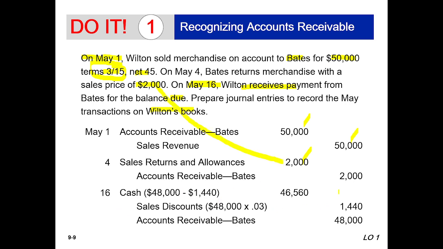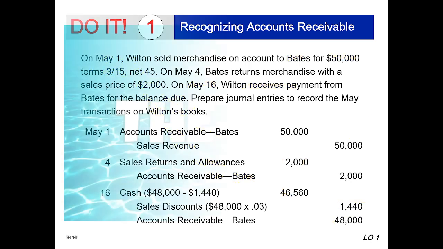So 48,000 is the balance, and 3% of that is 1,440. Accounts receivable is 48,000, and the cash received by Wilton will be 46,560, and Wilton bears the loss of this amount, which is the sales discount. For prompt collection of the amount, sometimes the seller offers some financial benefits. I think everybody is clear here. Thank you so much.